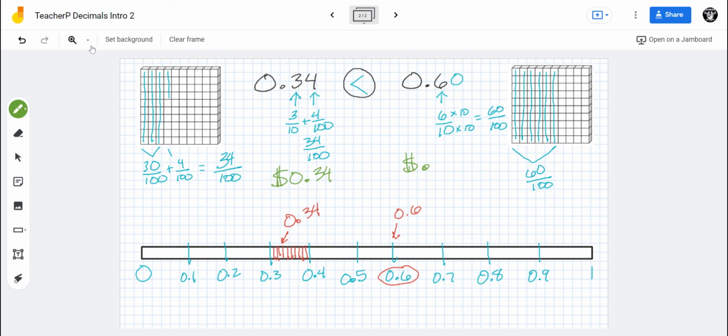So let's go with that. It's equivalent to 60 cents. So here we have no dollars, 3 dimes, 4 pennies, and no dollars, 6 dimes, no pennies. So this one, again, is clearly the bigger decimal.